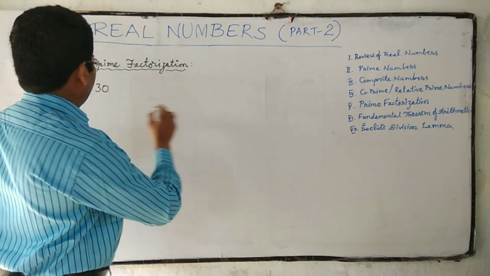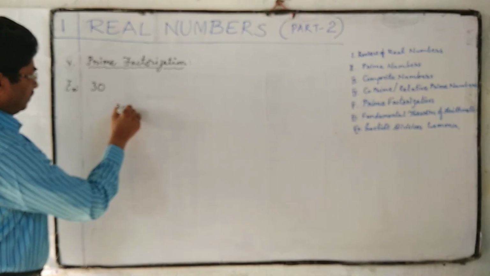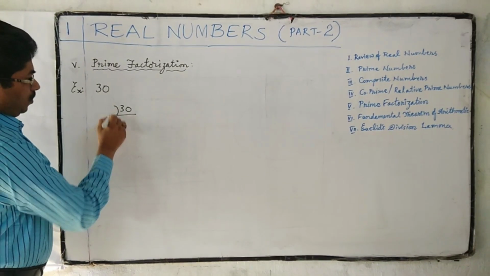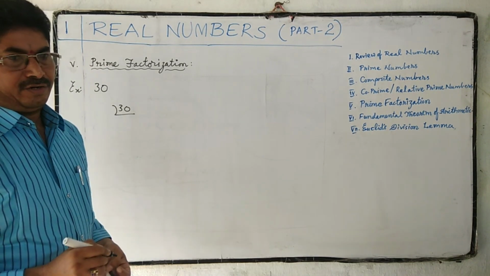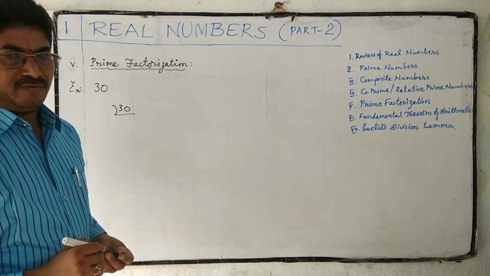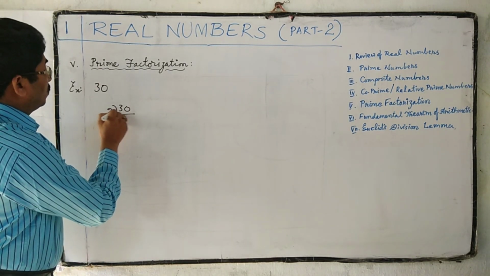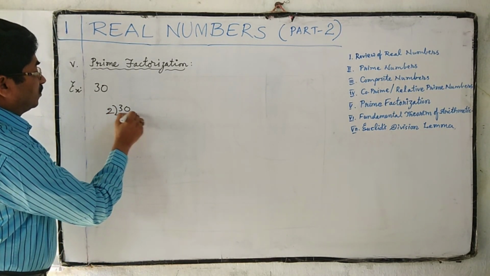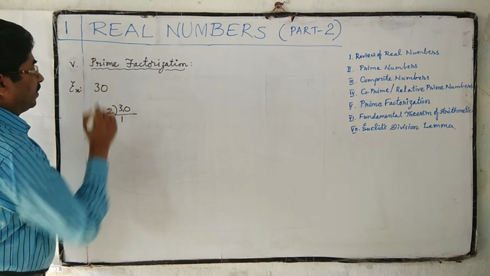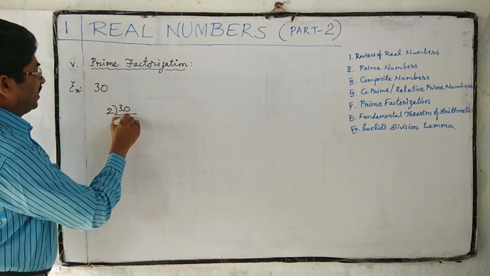To make prime factorization, we have to take only primes. 2 ones are 2, 1 remainder are balanced, 2 5s are 10.